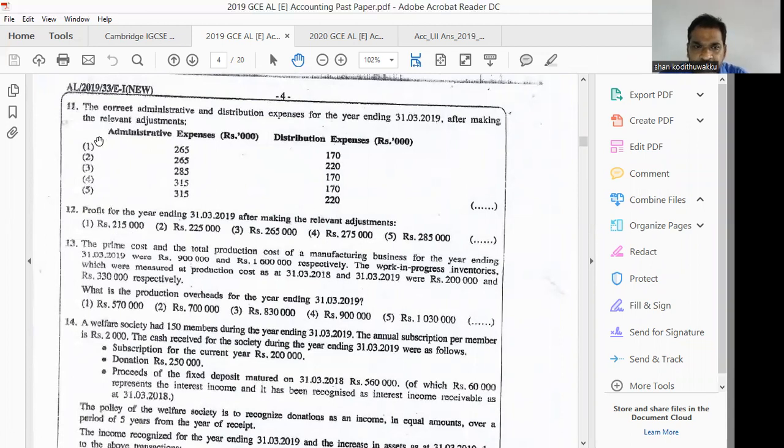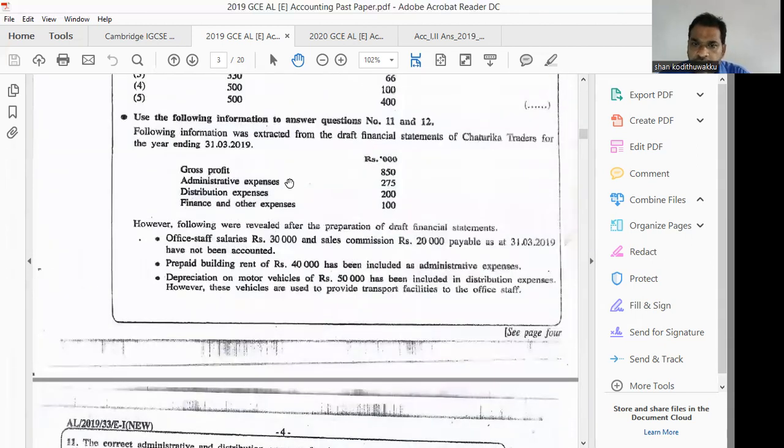Therefore, we have to reject answers 1, 2, 3. The first three answers we have to reject, and we select either the fourth one or the fifth one because the answer 315 is there. We calculated 315 administration expenses. How? Given opening balance 275, we add 30,000 staff salaries. Then we deduct 40,000 prepaid building rent included in administration expenses.